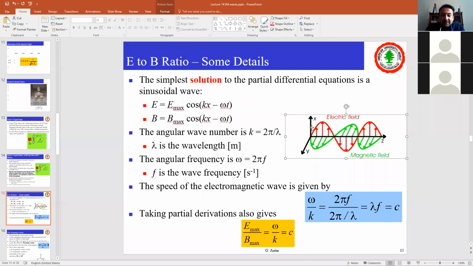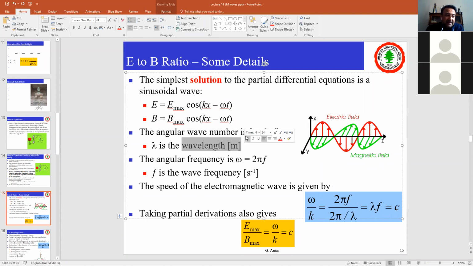And so the oscillation in space is k equal to 2 pi over lambda, where lambda is the wavelength in meters, and k is in radians per meter. And the angular frequency is omega equal to 2 pi f, where f is in second minus 1, or basically in hertz.